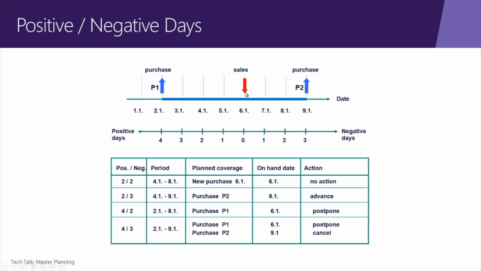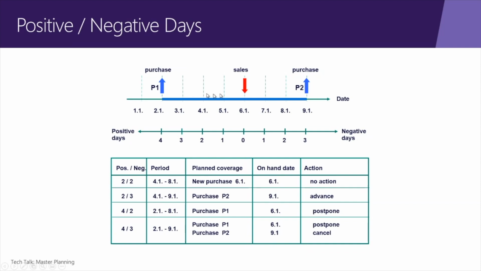The way I kind of look at it, because sometimes negative versus positive, if you look at this number line, it kind of goes in the other direction from what we are usually used to, where we have negative numbers on this side and positive numbers on this side, is to look at it as sales date minus the ship date minus the receipt date. So if that number comes out to being negative, then how much is that number, and that much will have to be the quantity set on the negative days in order for us to allow that. Otherwise, it won't consider it.